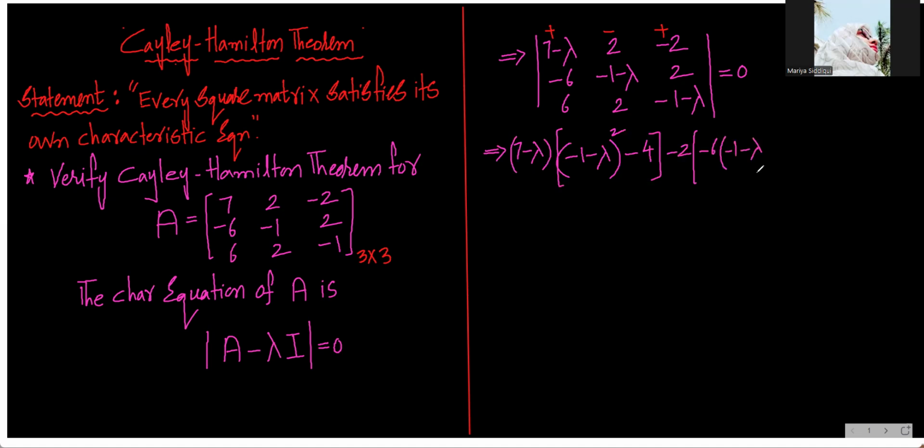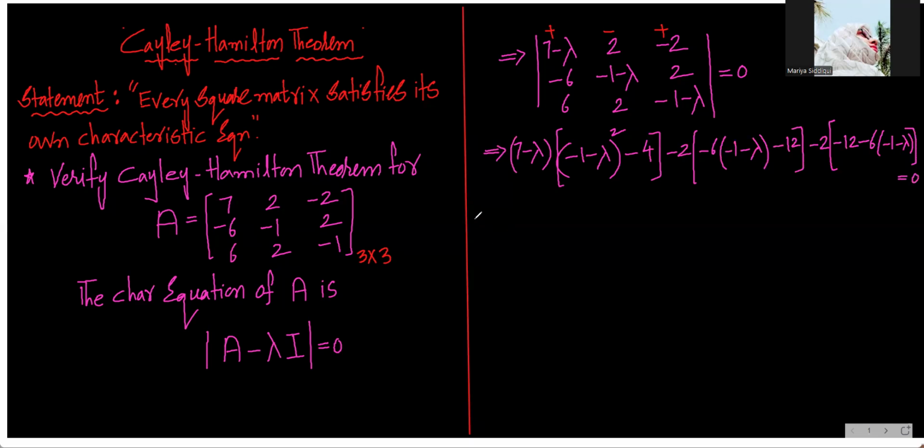This is AD, column and row. This into this, -6 times 2 is 12. Then bracket close. The last element has a minus sign, because plus into minus gives minus. Column and row neglected. It is minus 12 minus 6 into 1. It is -1 minus lambda, bracket close, and then equating to 0.